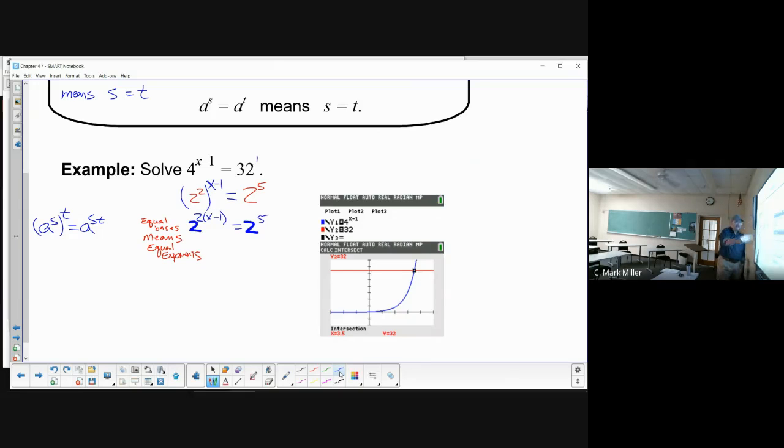So if the bases are the same, the exponents have to be. I get rid of the bases. It's almost as if you could cancel them. Now, look what that did. That got my x out of the exponent. How do you pry the x out of an exponent? This is how. Well, this is one way.